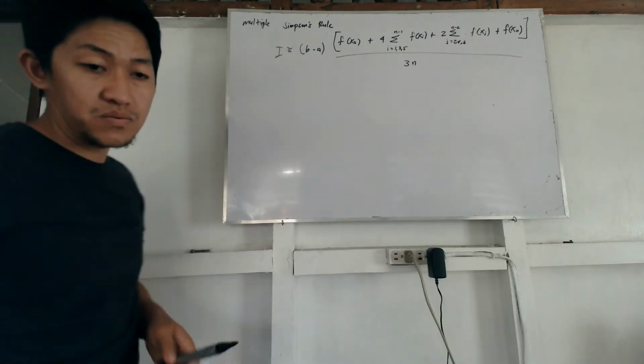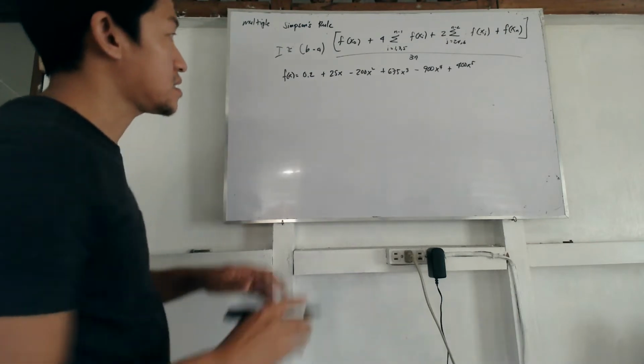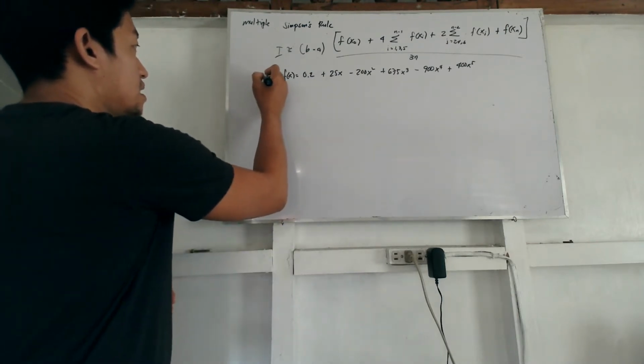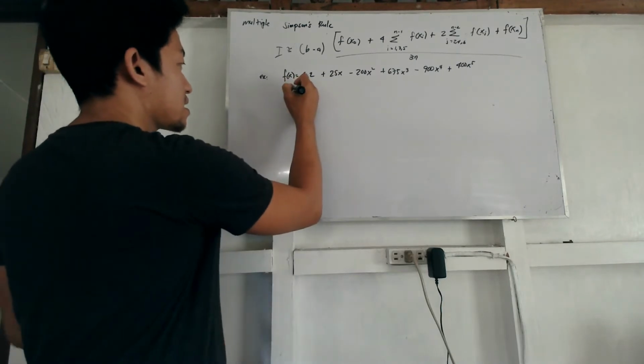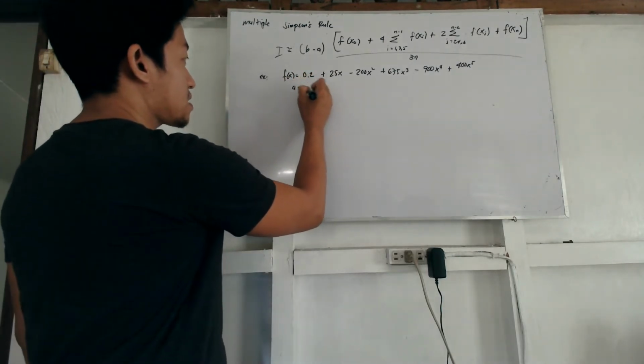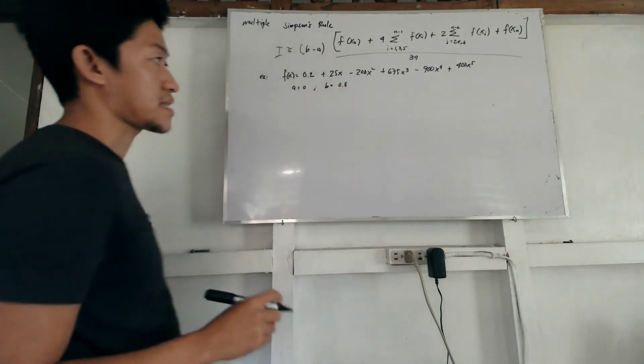Okay, so let's apply this one to our previous example. We know that a is equal to 0 and b is equal to 0.8.